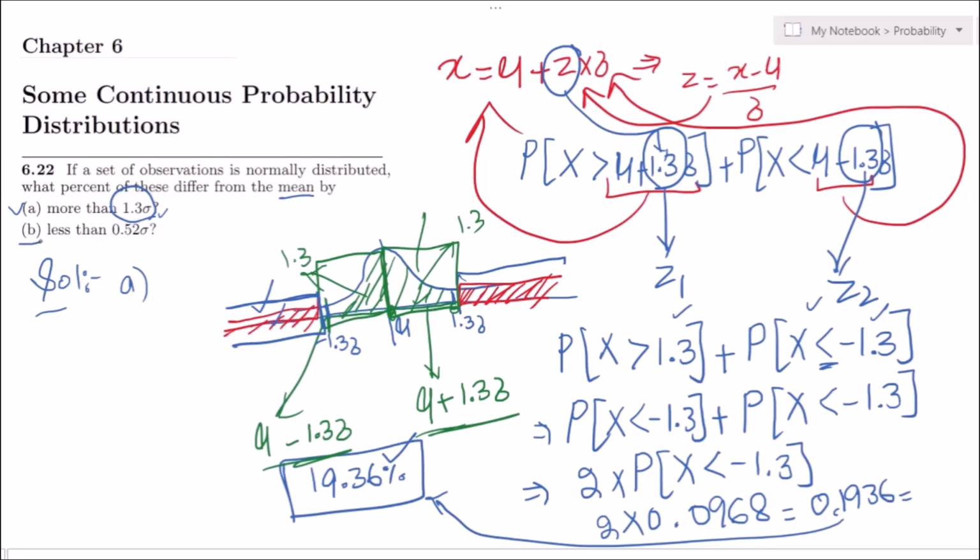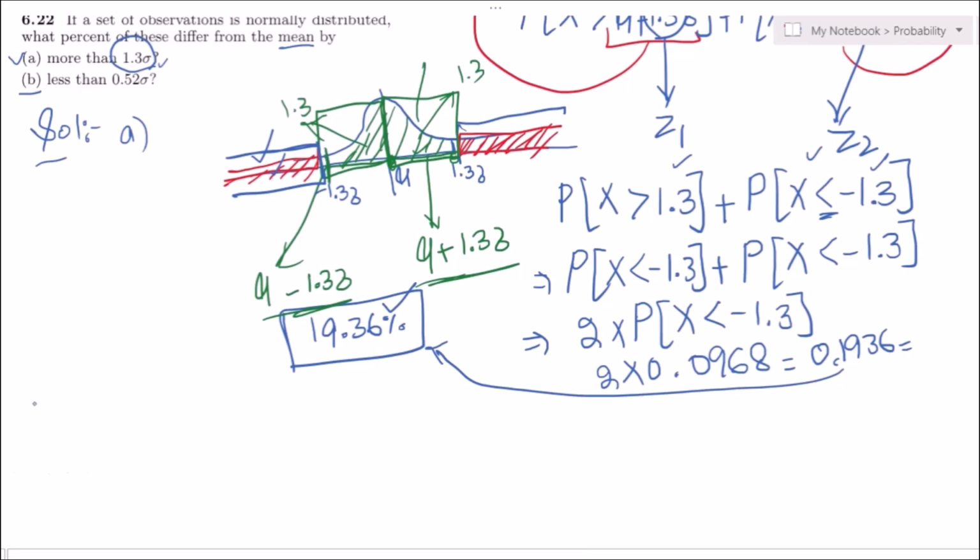Now let us move to part B, and here that value is less than 0.52 sigma. Let me solve it. Here this is the normal distribution, so 0.52, and this is minus 0.52 because of the similar reason which I explained here.